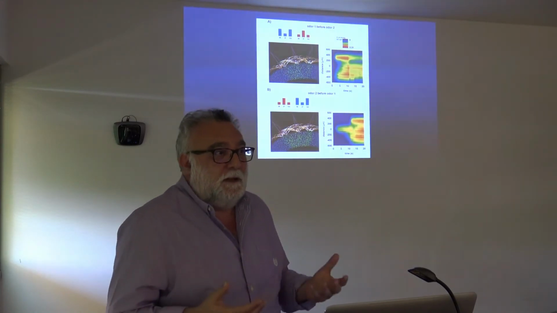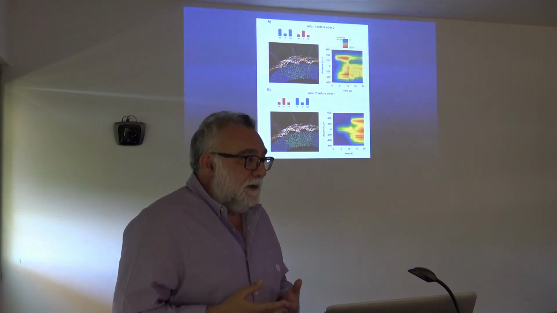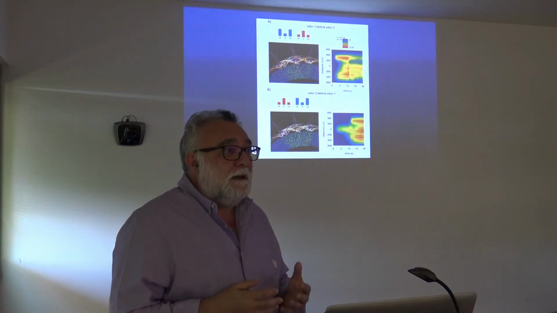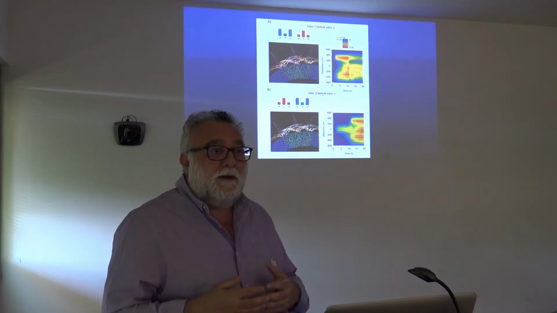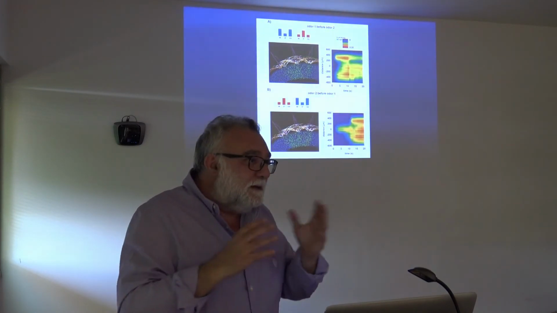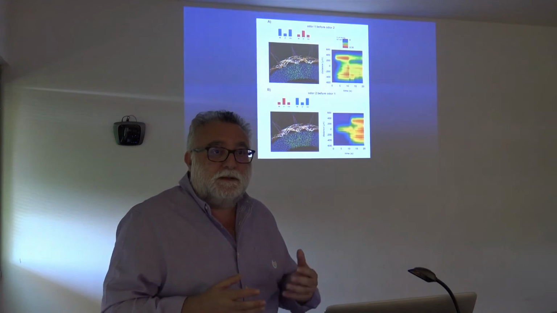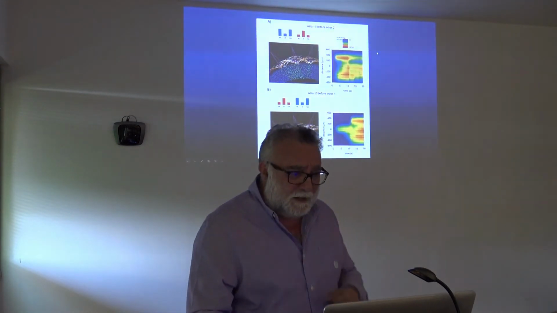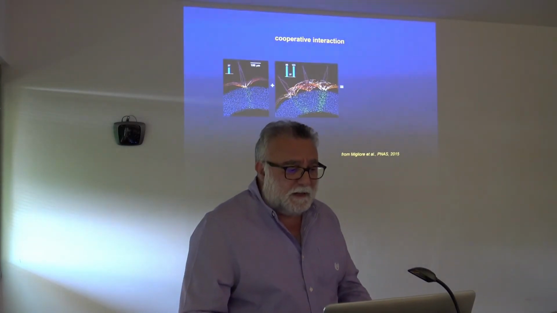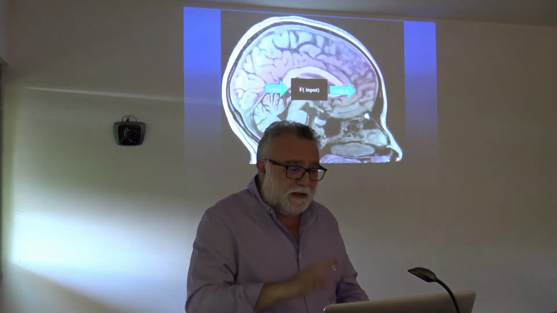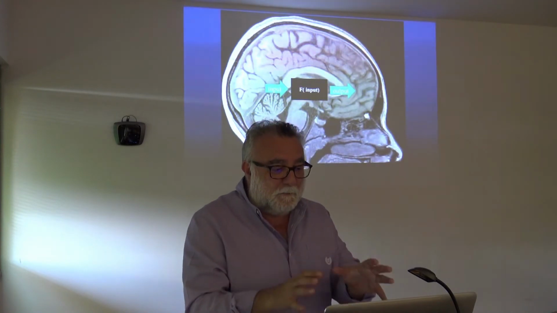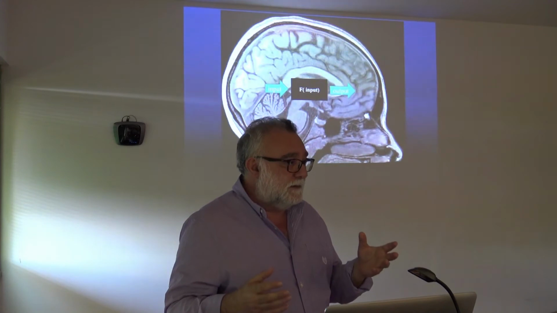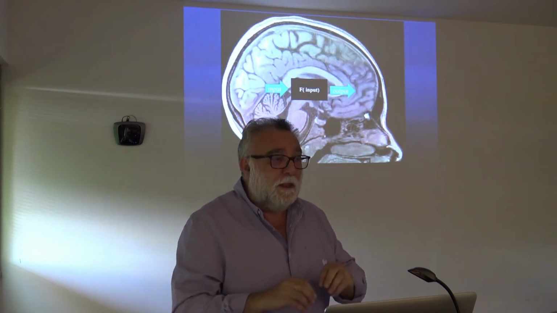This seems to be trivial, but it is important to show and to understand why our olfactory bulbs could be completely different from each other, because it depends on our past history. So these are some examples. There are also cooperative interaction, competitive interaction, but it doesn't matter. The real point here is that now we have a box fully open for us, and we can figure out what is going on.